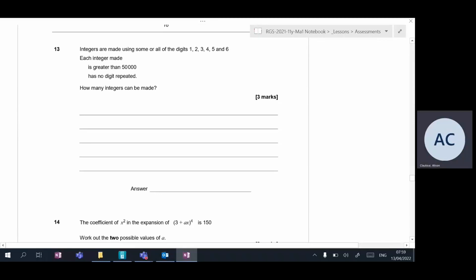Question 13. Integers are made using some or all digits 1, 2, 3, 4, 5 and 6. Each integer made is greater than 50,000 and has no digits repeated. Okay, so if it's got to be greater than 50,000, so how many digits have we got? 1, 2, 3, 4, 5, 6.